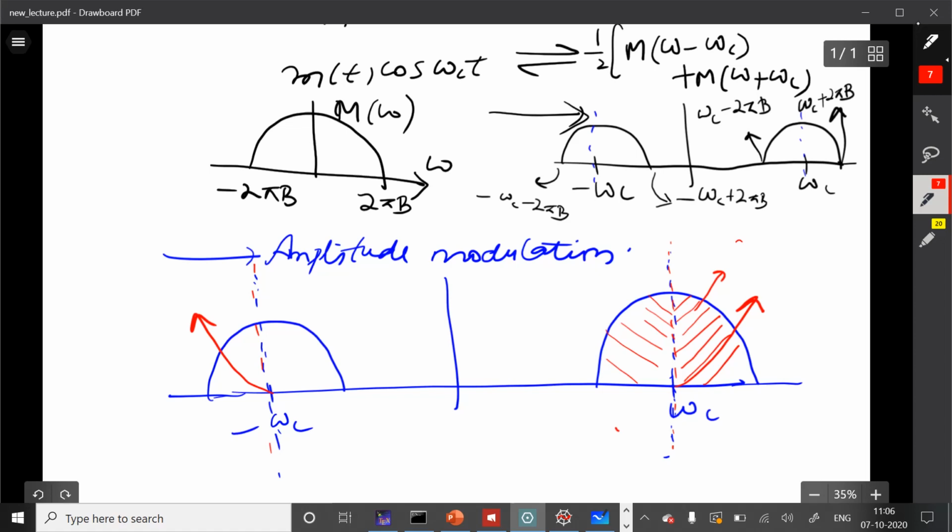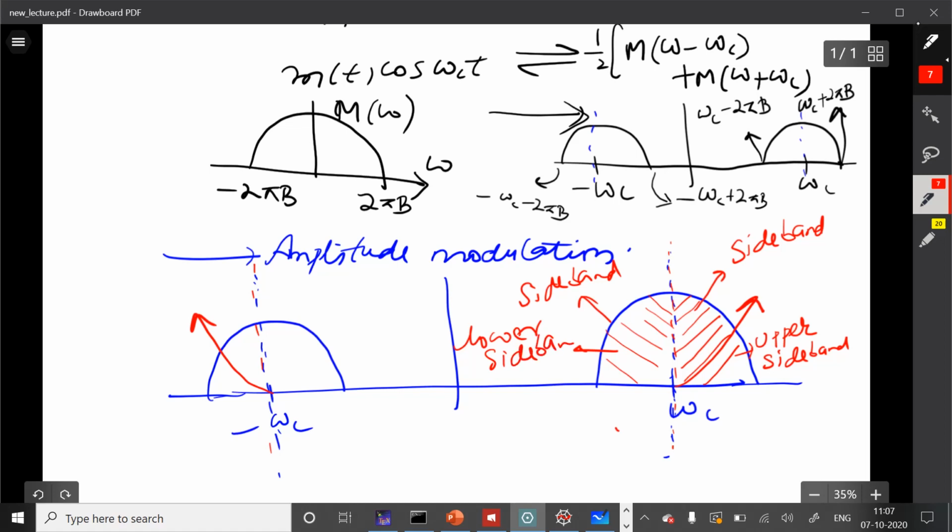So this is a side band, this is also a side band, and for obvious reasons it is on the upper side, we call it upper side band. And we call this lower side band. Okay, so USB upper side band, LSB lower side band.